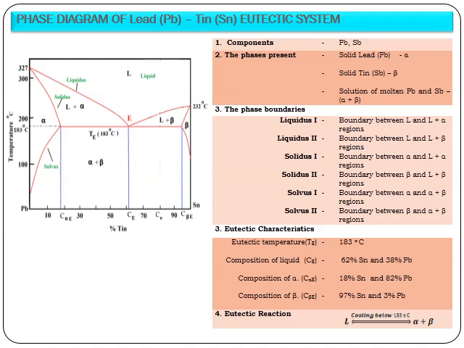Now let us move on to the very important characteristics of this eutectic system. Here we should consider the temperature at which we are observing the eutectic reaction. The point E represented here is a single point where a liquid phase is suddenly transformed into two solid phases upon cooling. So at a temperature of 183 degrees Celsius, with a composition of 62% tin and 38% lead, this point E is exactly where the eutectic reaction is happening.